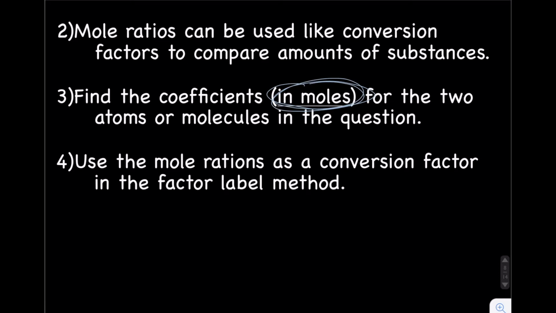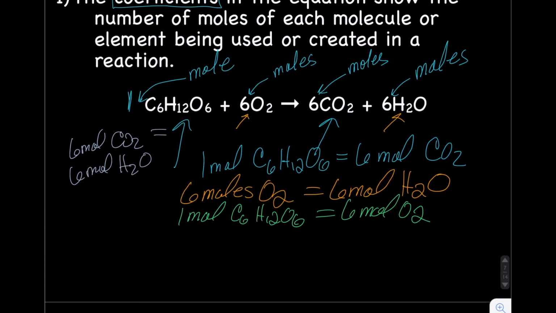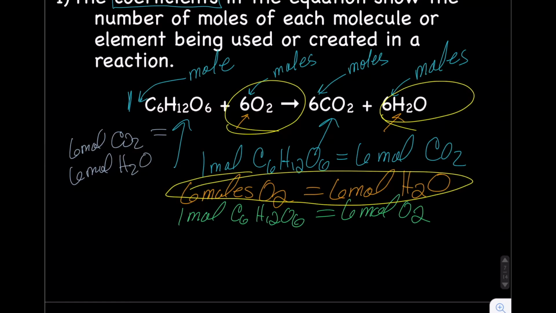Just like we had 1 mole equals 6.022 times 10 to the 23rd atoms or molecules, and we put that into the grid, we can now use something like, say we were interested in O2 and H2O, 6 moles of O2 equals 6 moles of H2O.